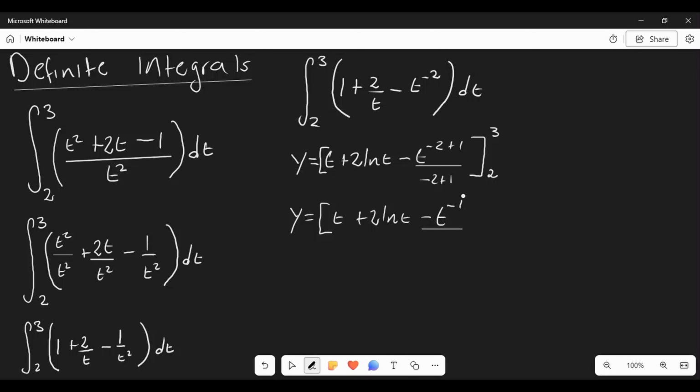But then here, what is -2 plus 1? It's going to be -1, right? All right, so this negative and negative is going to give you positive, so t to the power of -1 divided by 1 is going to be t to the power of -1.